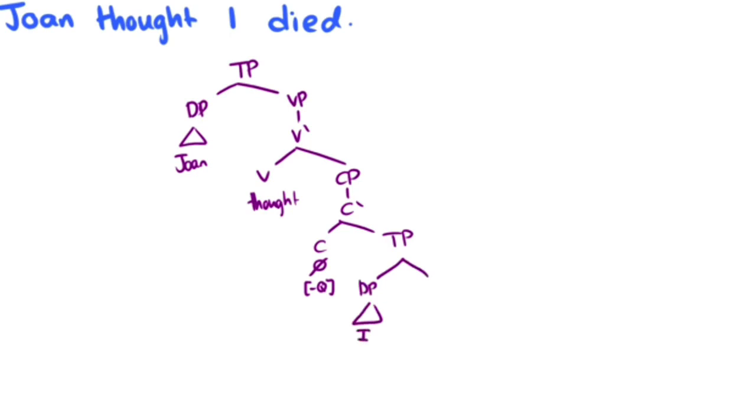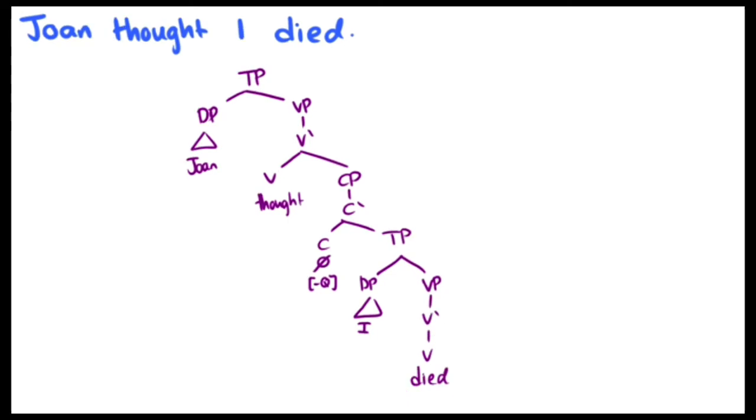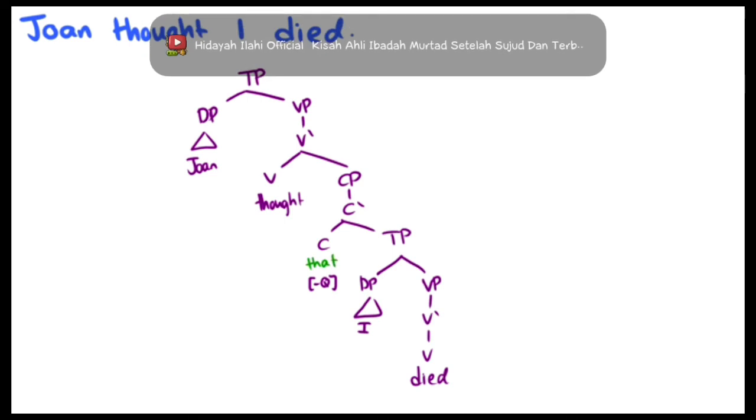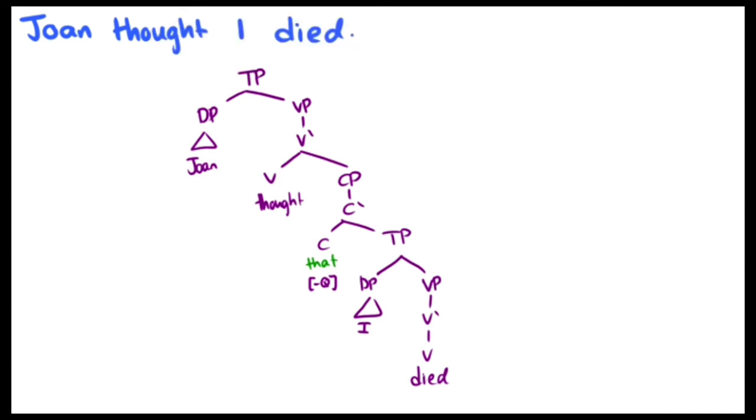So we have John thought I died, and we just continue along as normal. So I is a determiner phrase, then V-bar, V died. As we can see, if we want to say "John thought that I died," then we just replace the empty C with that. So this structure allows us to do both the empty complement as well as the non-empty complement.